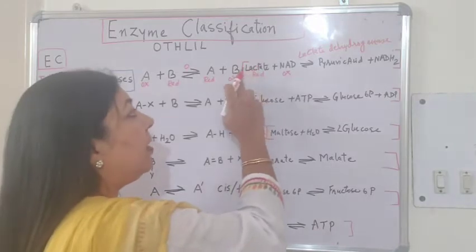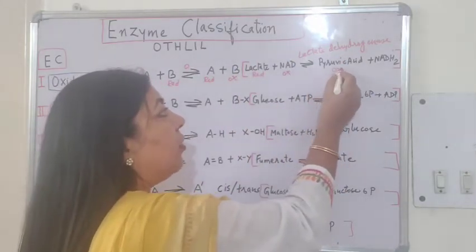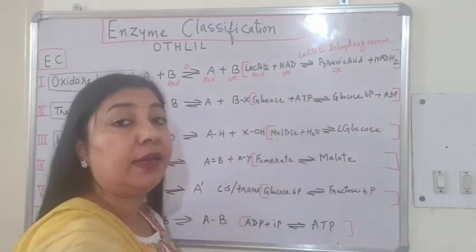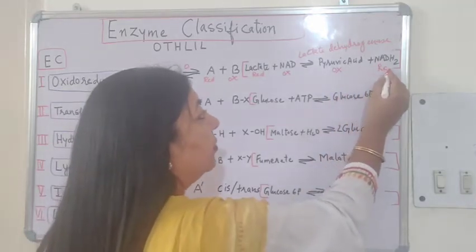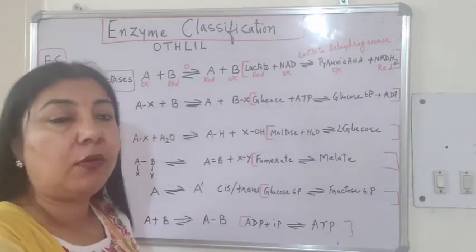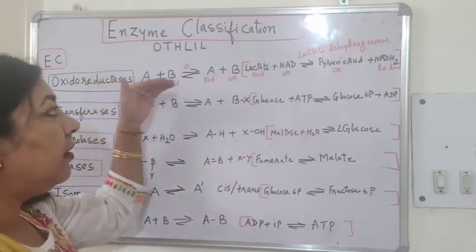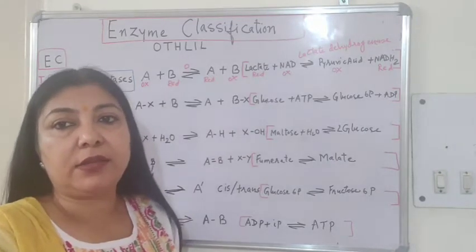It will convert lactate into pyruvic acid, which is an oxidized form, and NAD is reduced to NADH2. So this is how this enzyme, oxidoreductases, catalyze the reactions.